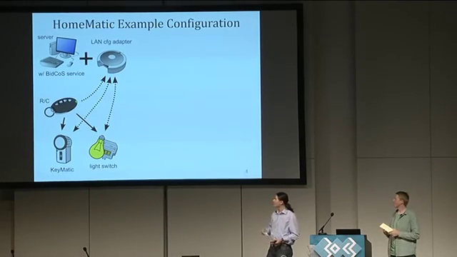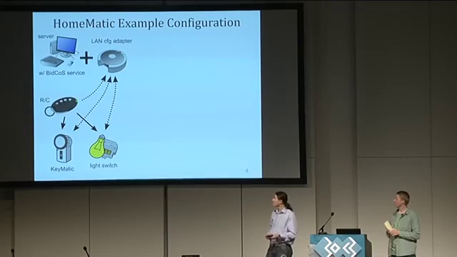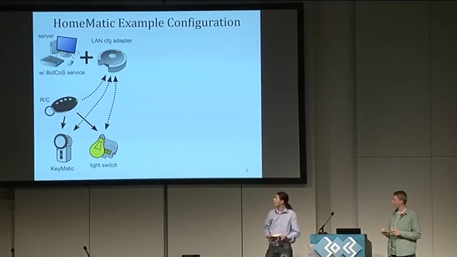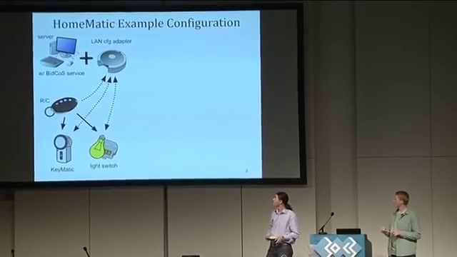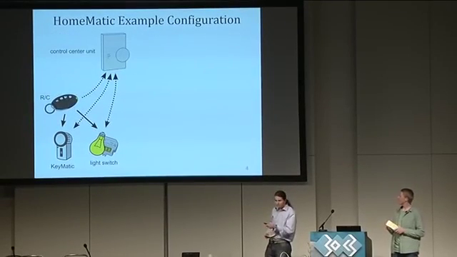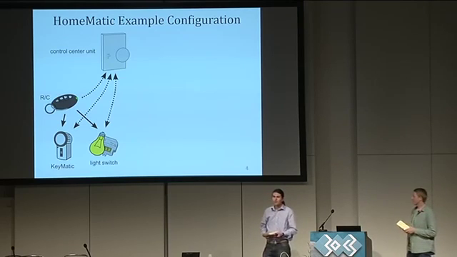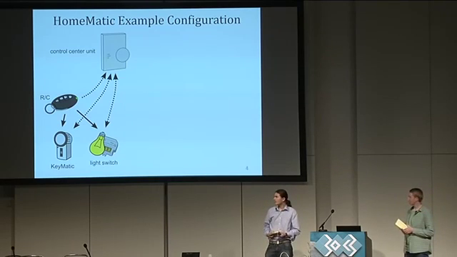This may consist of a LAN configuration adapter in combination with a server running a BidCoS service software and home automation administration software. Or you may use a standalone control center unit with a firmware doing the job of the BidCoS service as well as further functions.